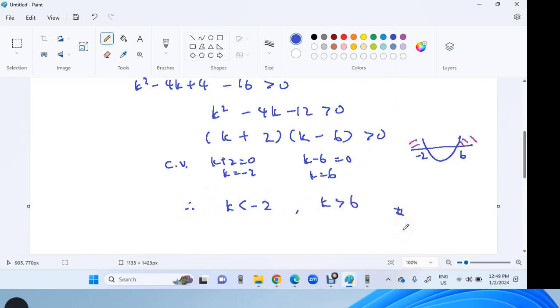Okay, for quadratic inequality, in the IGCSE exam, they seldom come out with a question that just asks you for quadratic inequality only.